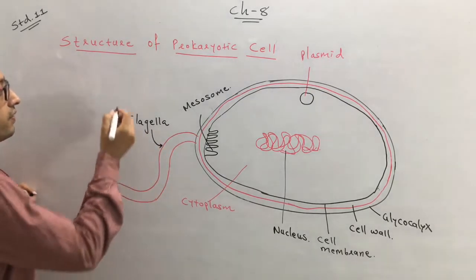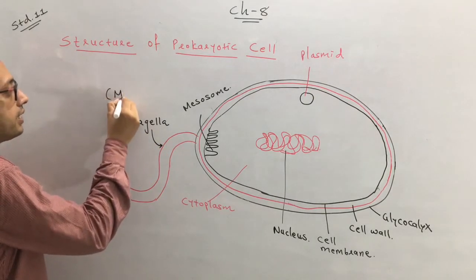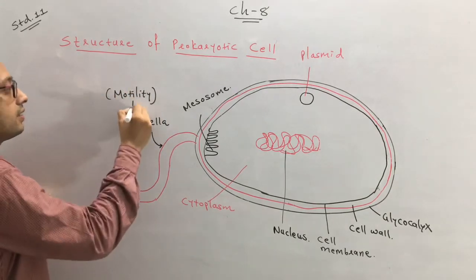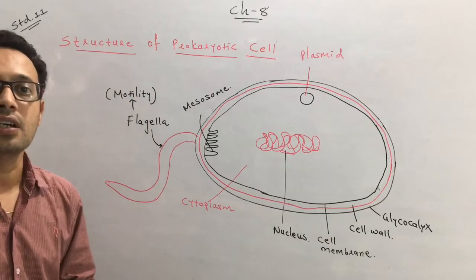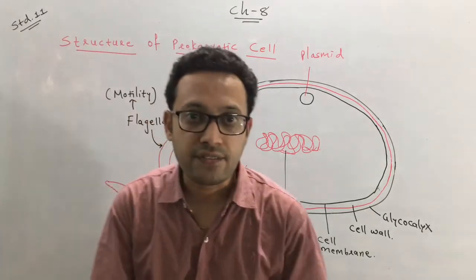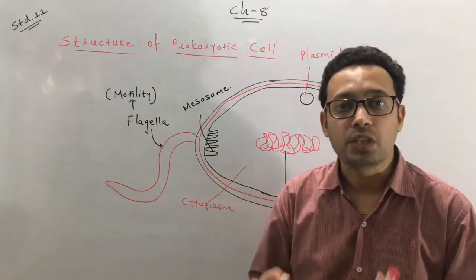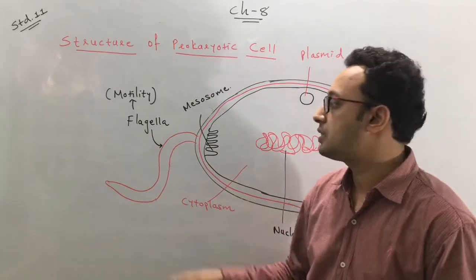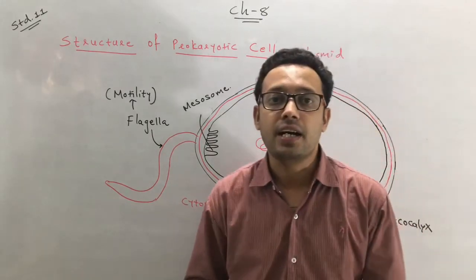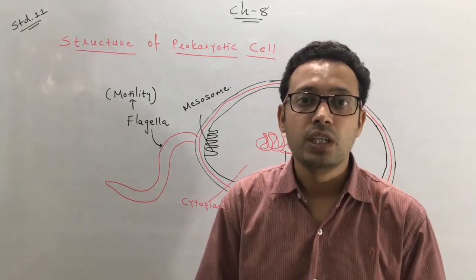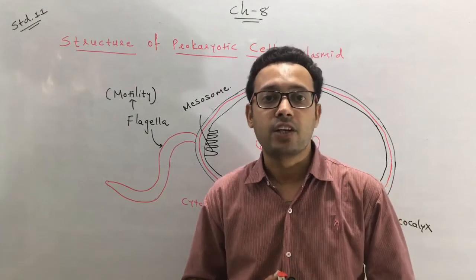What is the function of it? The flagella is responsible for motility. That means if the bacteria possess flagella, then the bacteria are motile. If they don't possess flagella, the bacteria are non-motile. Motile means movable, can move, and non-motile means they cannot move.